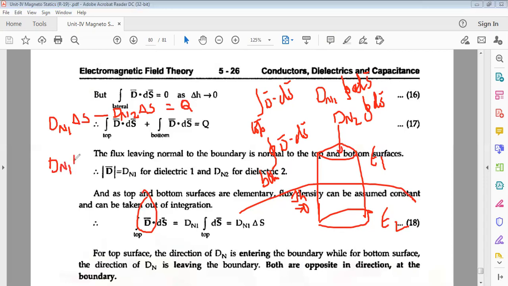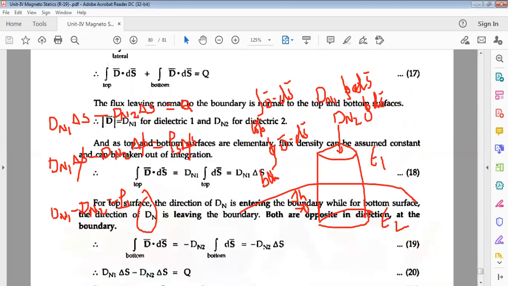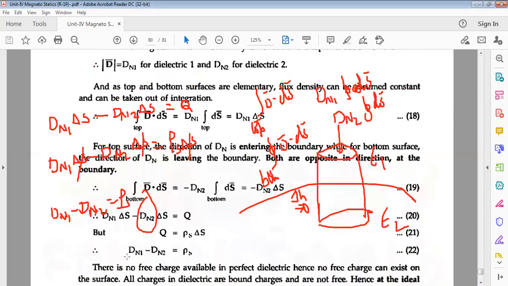Dn1 delta s minus Dn2 delta s is equal to rho s into delta s. The common term delta s gets cancelled. So Dn1 minus Dn2 is equal to rho s. Because both are in opposite directions at the boundary, you take the negative sign in between.